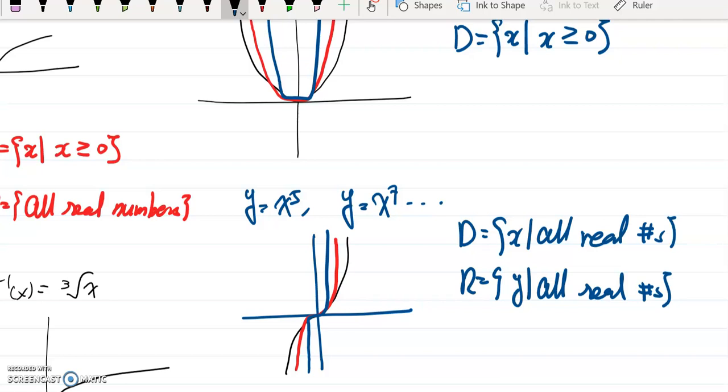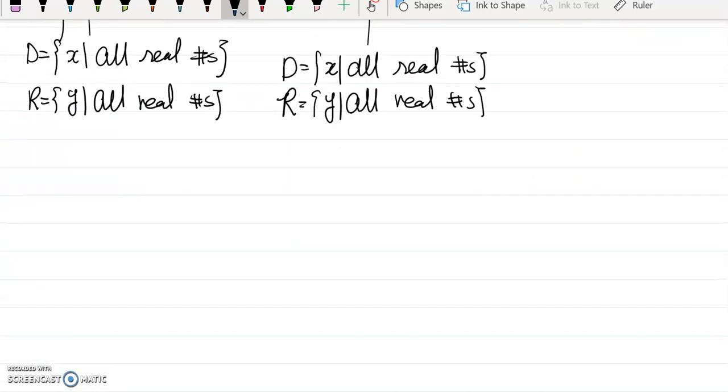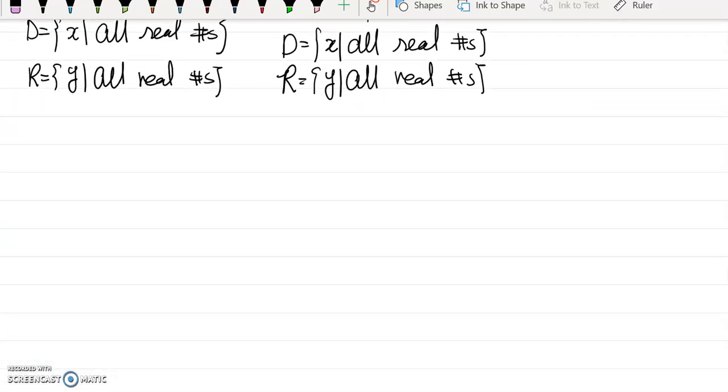Make sense? Okay. Now, for this kind of basic, fundamental function form, we need to find the domain. But the key point is, what if the function form is a little bit more difficult, such as f(x) equal to maybe square root of 2x minus 5.